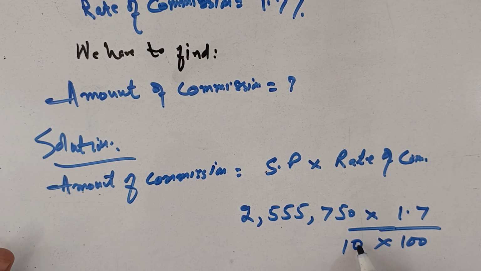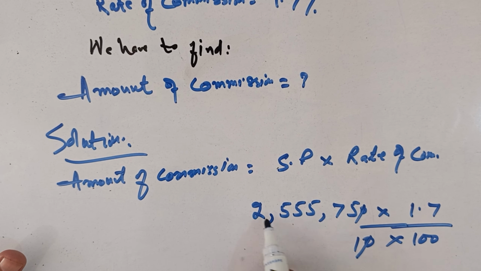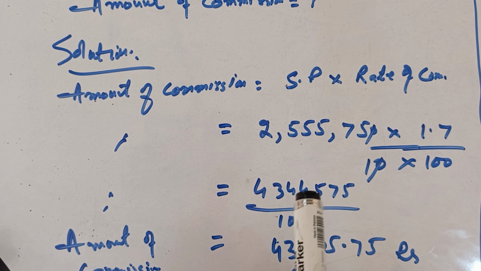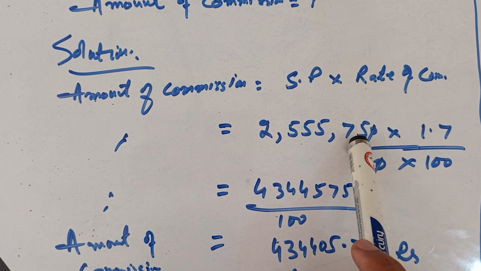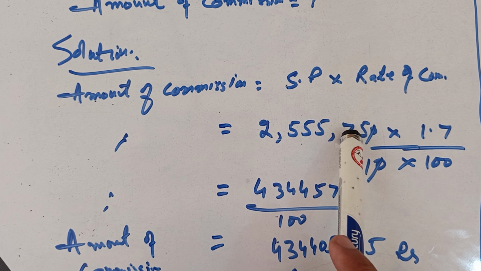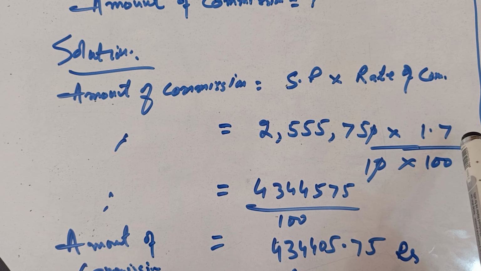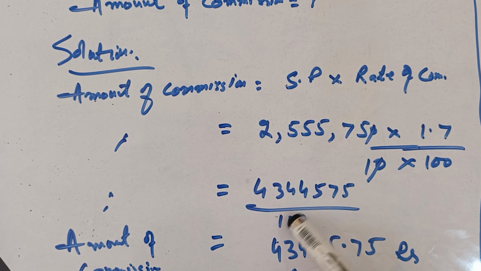Now what we have to do is cancel this 0 with this. After this, I have multiplied this amount with 17, and I have got this amount.